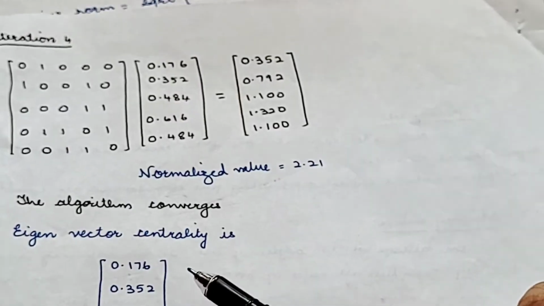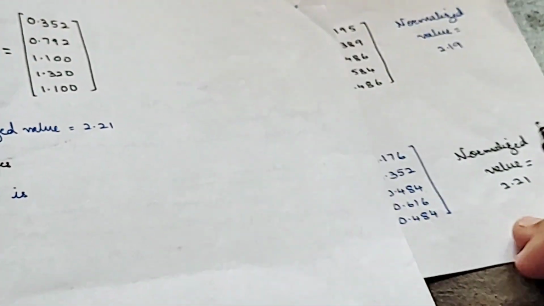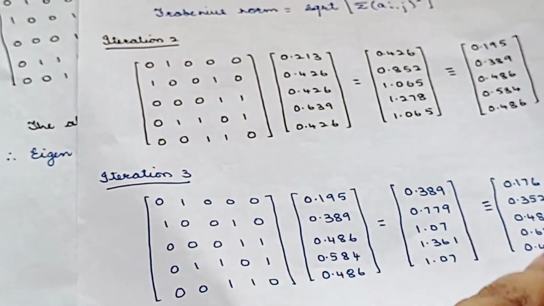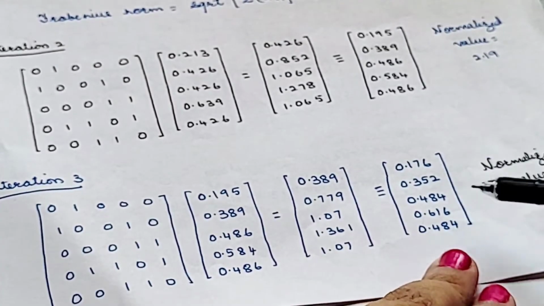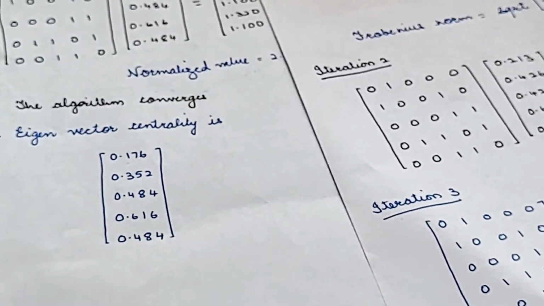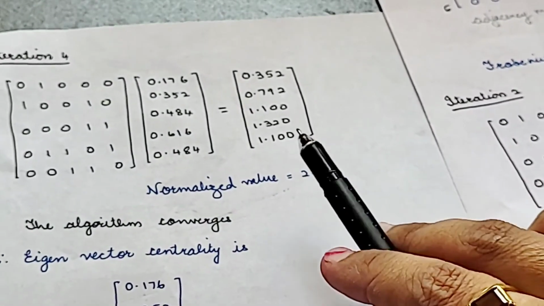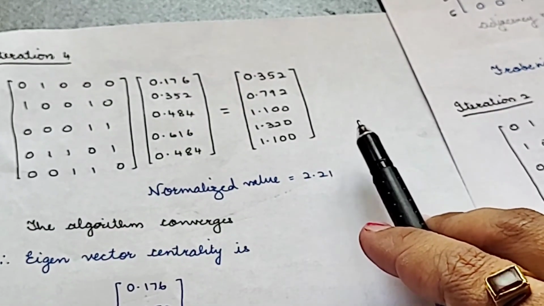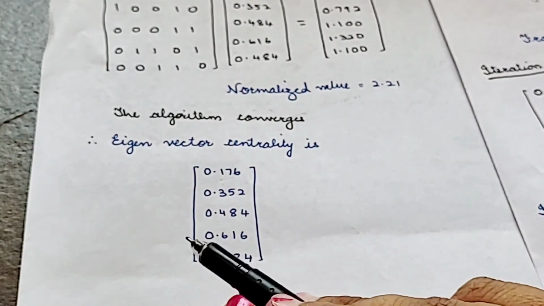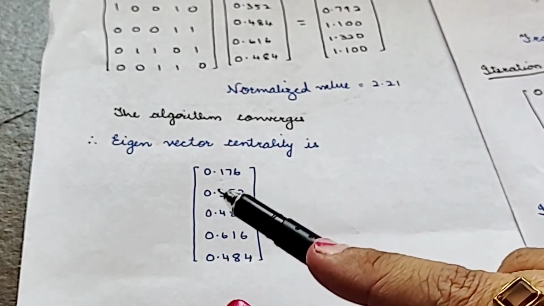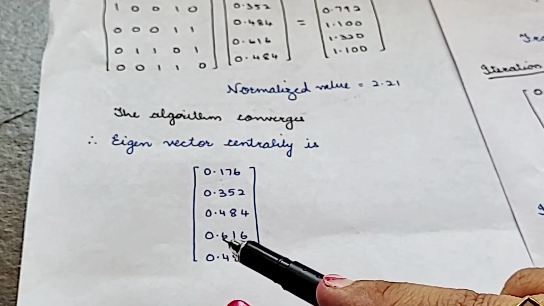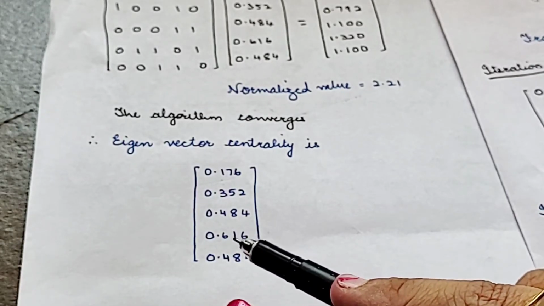Your final eigenvector centrality is whatever matrix you obtained in iteration 3. Since the normalized value repeats for 2 consecutive iterations, we will stop over here. We won't be finding out further matrices. So this is our eigenvector centrality, the value which we obtained in the previous iteration.